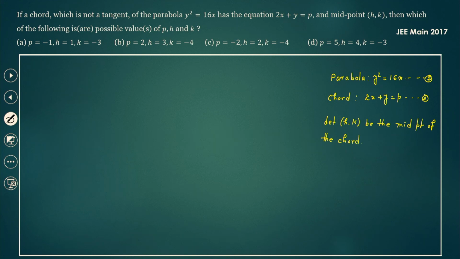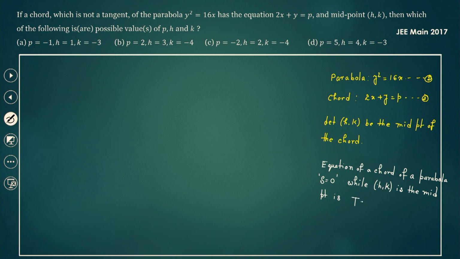Now here we'll use one important relation. The equation of a chord of a parabola S equal to 0, while hk is the midpoint, is T equal to S1.